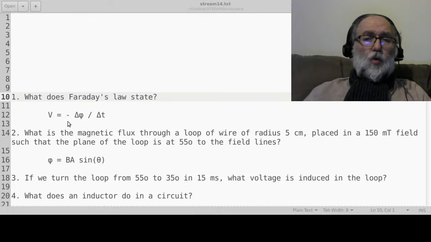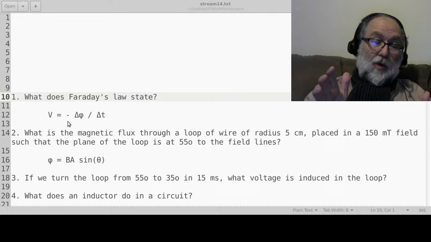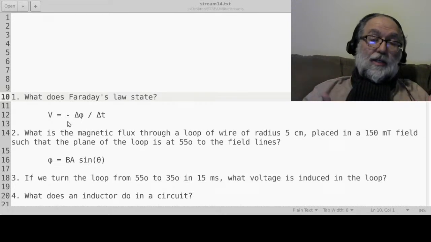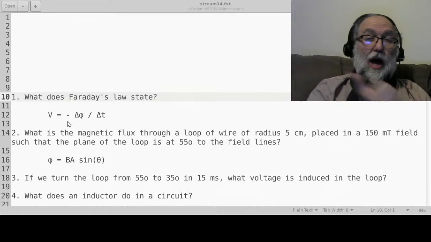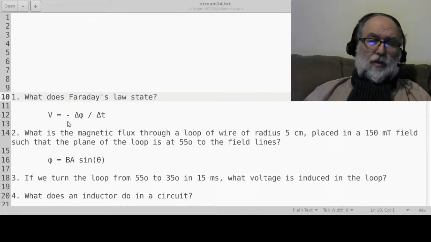There's this negative sign, which in our calculations we don't have to worry about, but it's basically Lenz's law. I was going to ask it as a separate question, but I can get at it right here. Lenz's law says if the magnetic field is changing in one direction, then the current is set up such that it tries to oppose that change. It tries to create a magnetic field in the opposite direction to the direction in which the B field is changing.